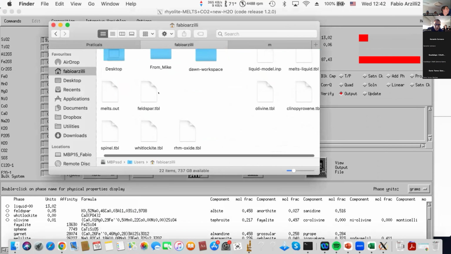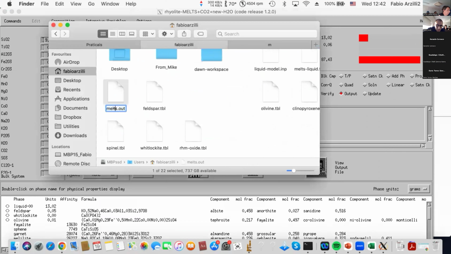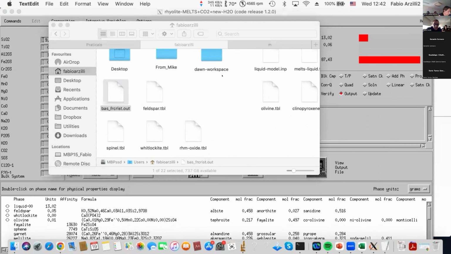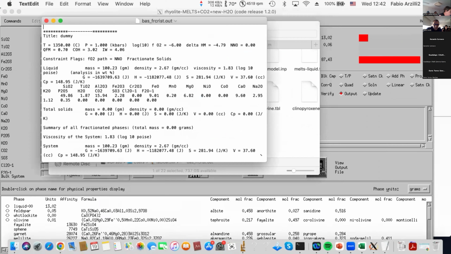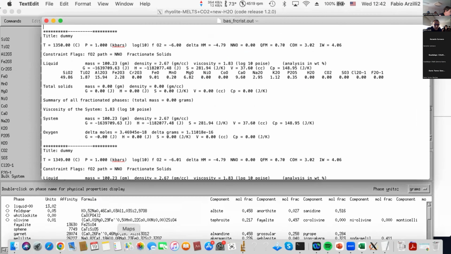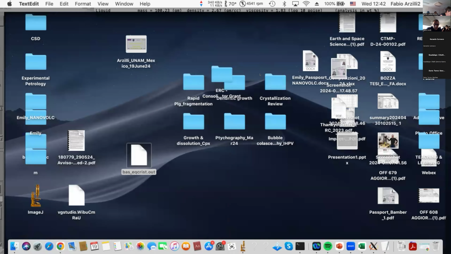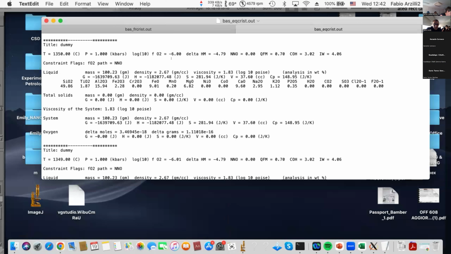Now we take also this one. This we call buzz fractional crest. Okay. We can open this. We can open both of them. Fractional crystallization, the equilibrium crystallization.